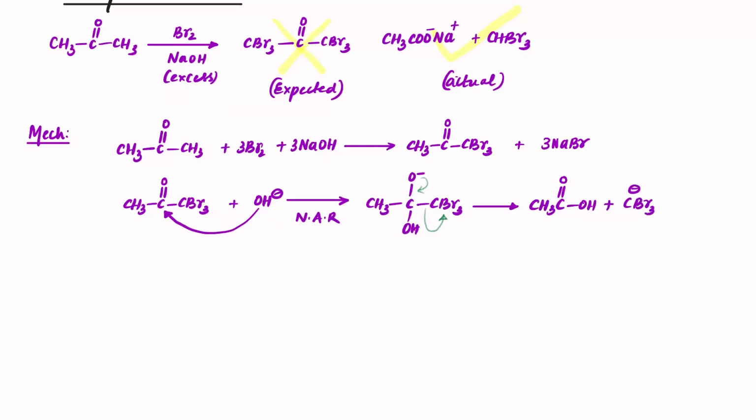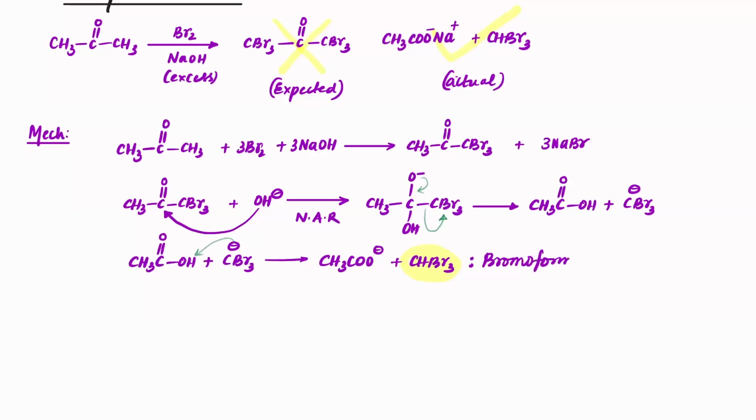And you can see these two are like acid and base. So CBr3 minus will take H plus and convert this to CH3, COO minus plus CHBr3. Since it is a bromine-based trihalogen compound, you call it bromoform. If it is any other halogen, it is called haloform.